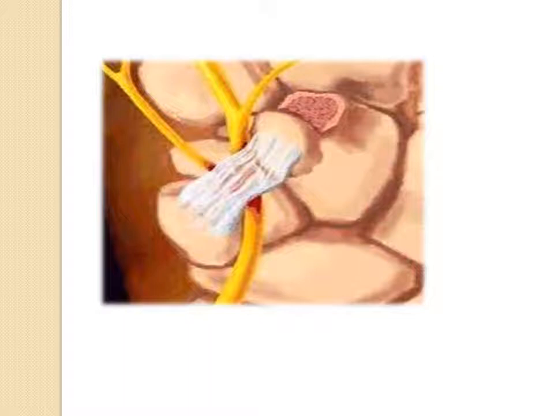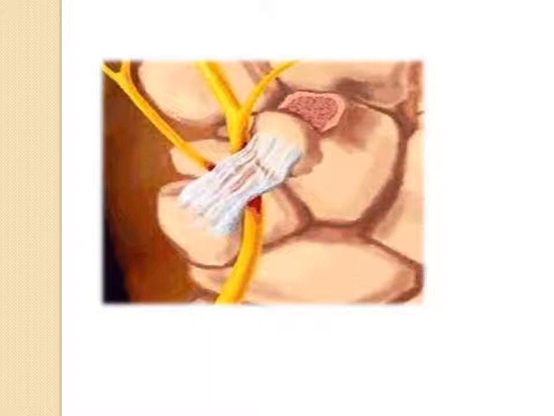Recall that the motor branches go to the hypothenar muscles, the dorsal and palmar interossei muscles, the adductor pollicis muscle, and also the flexor pollicis brevis muscle. So with compression on the motor branch, we're going to have motor findings such as atrophy, weakness, etc. And with compression on the sensory branches, we're going to have sensory findings on the ring and pinky fingers.